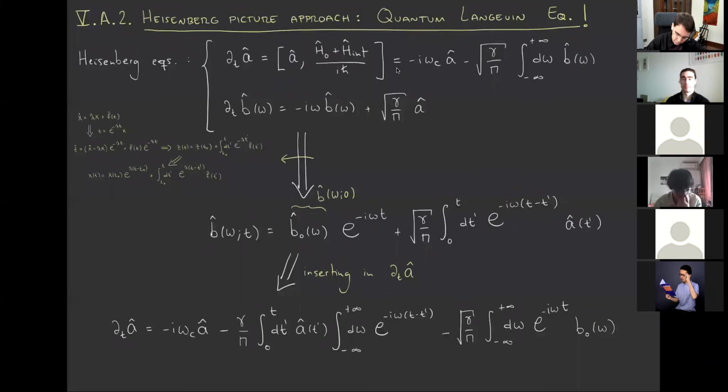And in particular, you see that this one is very easy to simplify because this thing here, as you know very well, this is 2 pi times the delta function of t minus t prime. And at this level, you can already see why we have made the approximations that we have made, or why these approximations simplify everything so much.